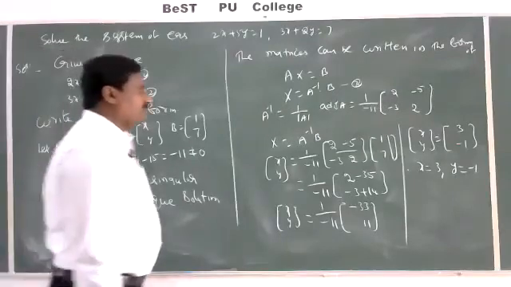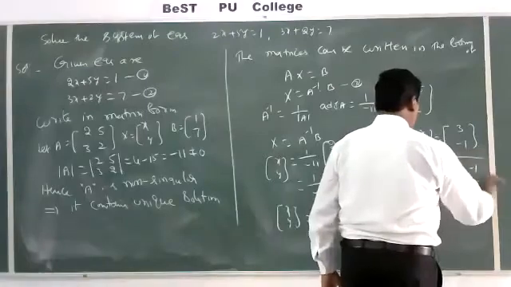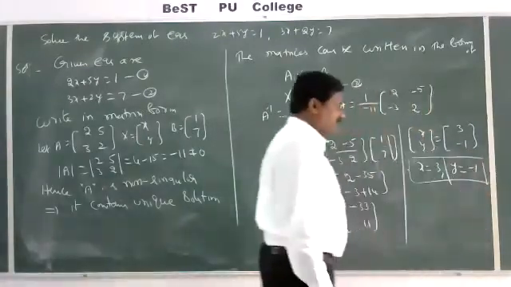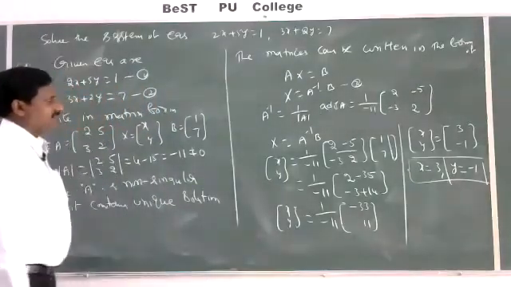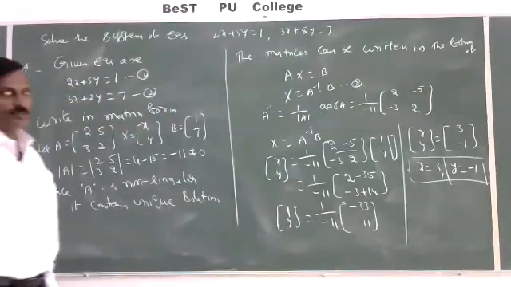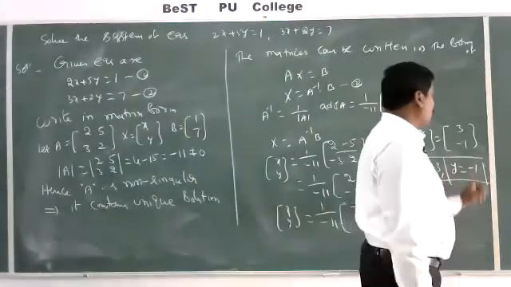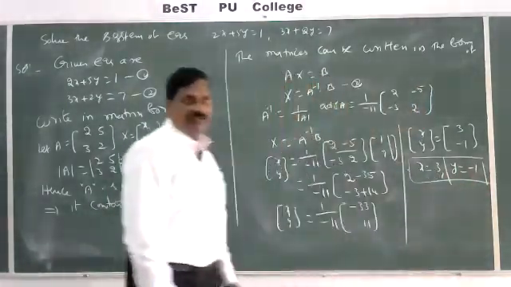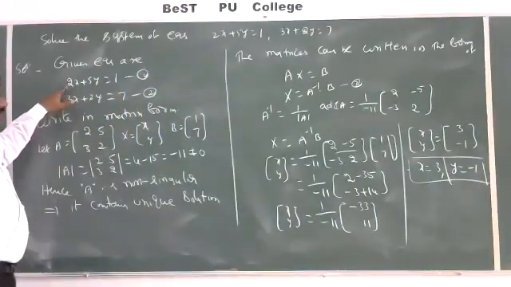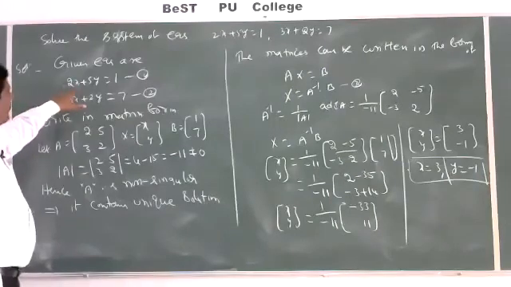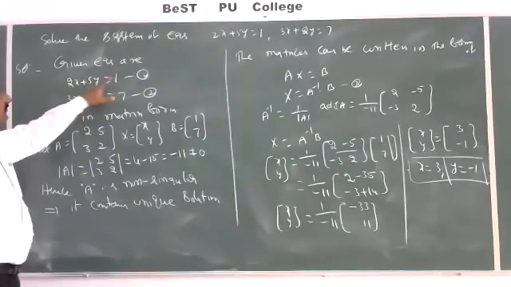And we can verify by substituting these values in the given equations. If both given equations are satisfied by these values of x and y, then our solution is right. Otherwise, you have made a mistake in the problem. Substitute x equal to 3, y equal to minus 1. 3 into 2, 6, 5 into minus 1, minus 5, 6 minus 5, 1.